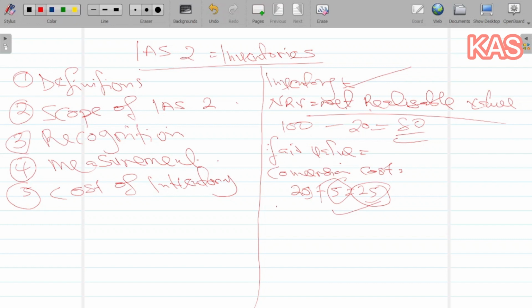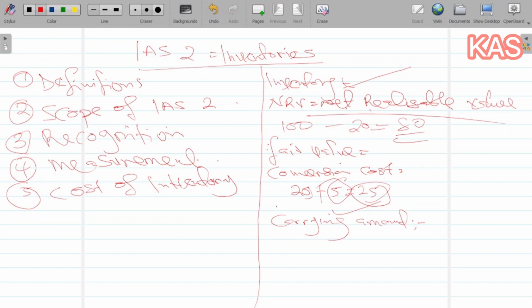Then we are going to look at carrying amount. So what is carrying amount? This is the amount at which assets and liabilities are recognized in the statement of financial position. That is, your carrying amount is the net book value of an asset.